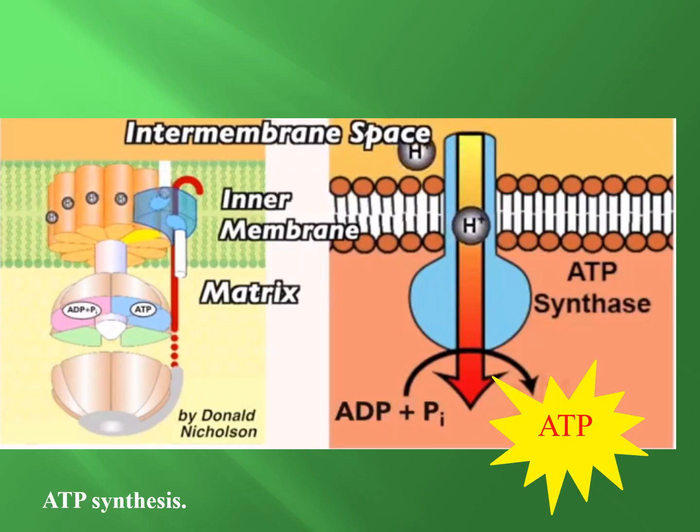So that is the overall mechanism of generation of ATP via the oxidation of NADH and FADH molecules, which are generated during the glycolysis step, during the preparatory step, and during the citric acid cycle.